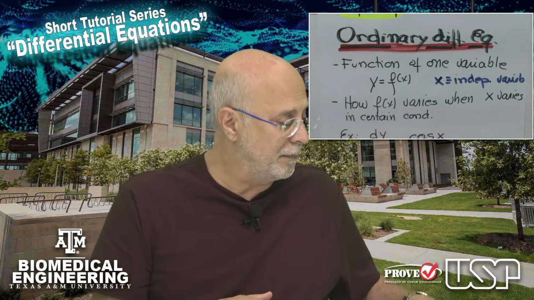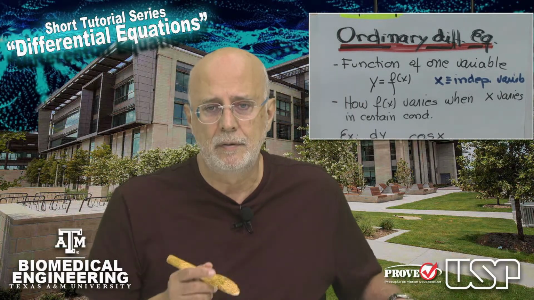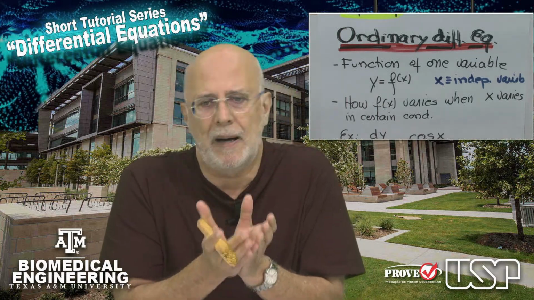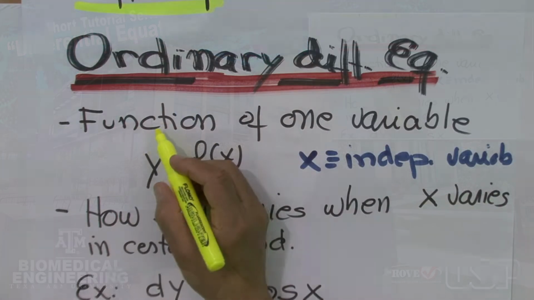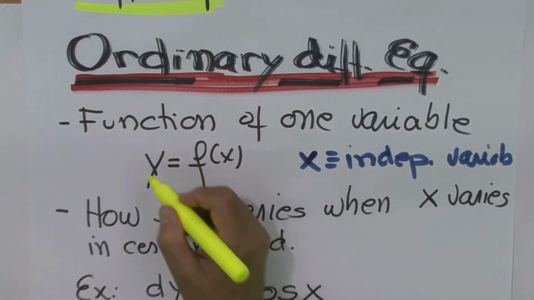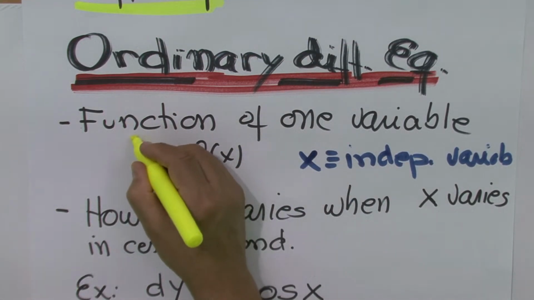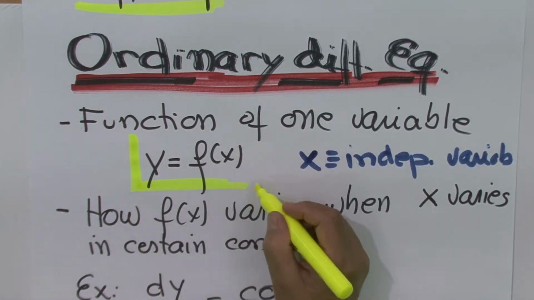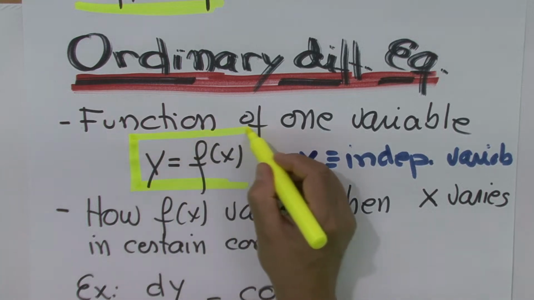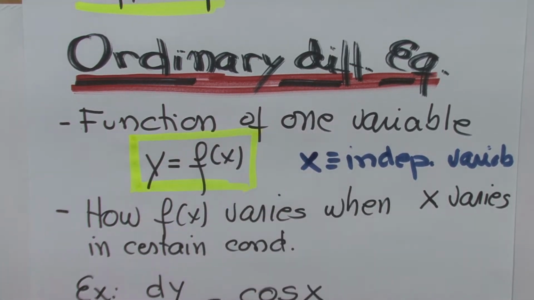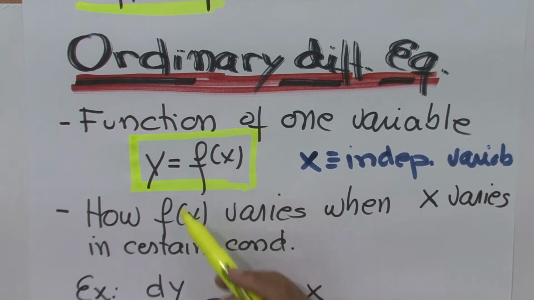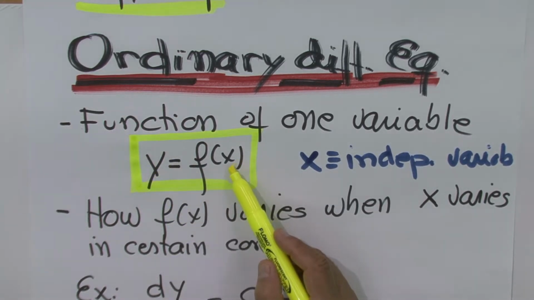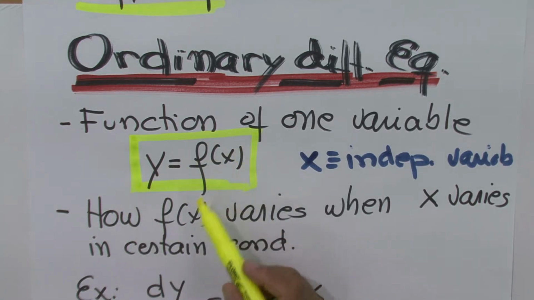So normally, to unify the way we speak about differential equations, we call y the dependent variable. So we say that y is a variable or a quantity that depends on x through a function. So I'm trying to understand this quantity, and I know that it depends on the other. There is an interdependence.